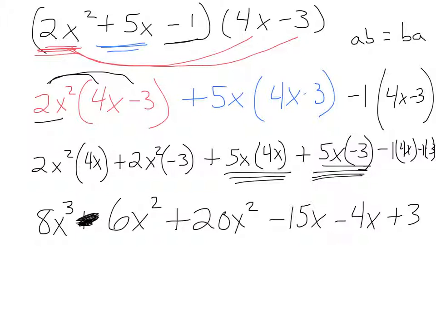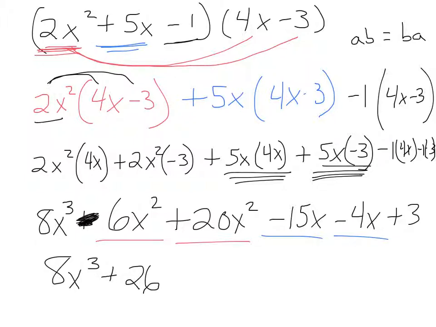All right, let's see in this beast of a problem if there are any like terms. I spy a couple, I spy a couple more. We've got this 8x to the third standing by himself plus 26x squared. Psych, not 26x squared. And again, I can't erase for some reason.